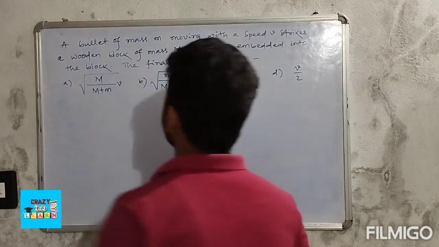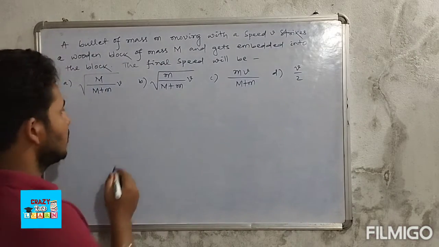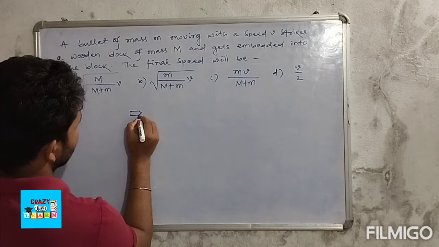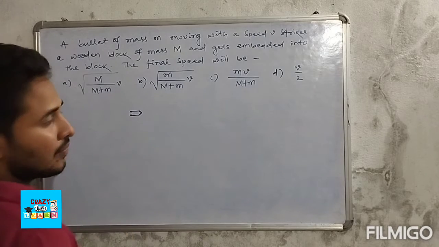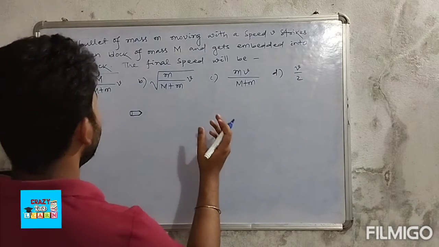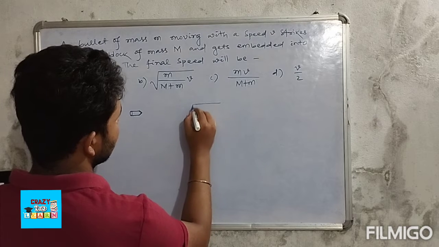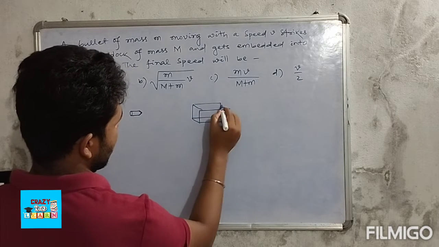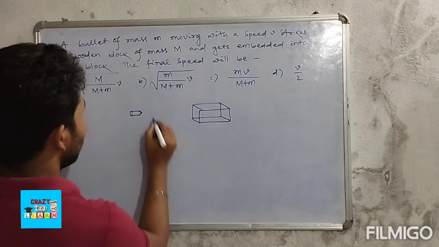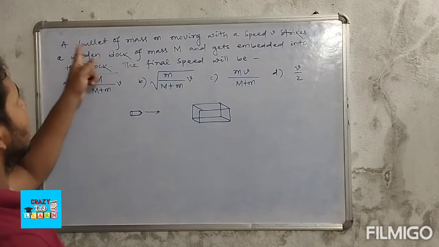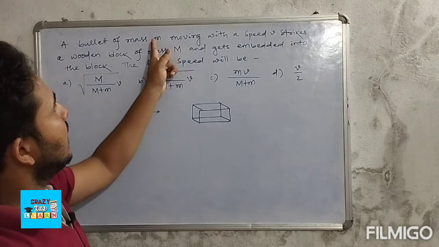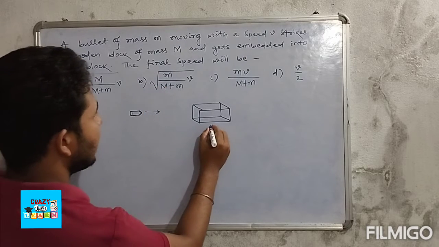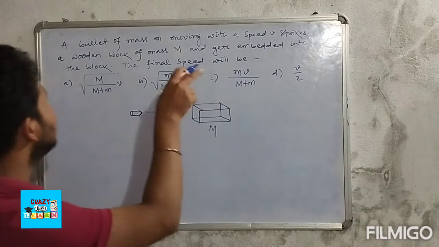So just look, a bullet is there, and the bullet is fired at a wooden block. A bullet of mass m moving with a speed small v strikes a wooden block of mass capital M and gets embedded into the block.